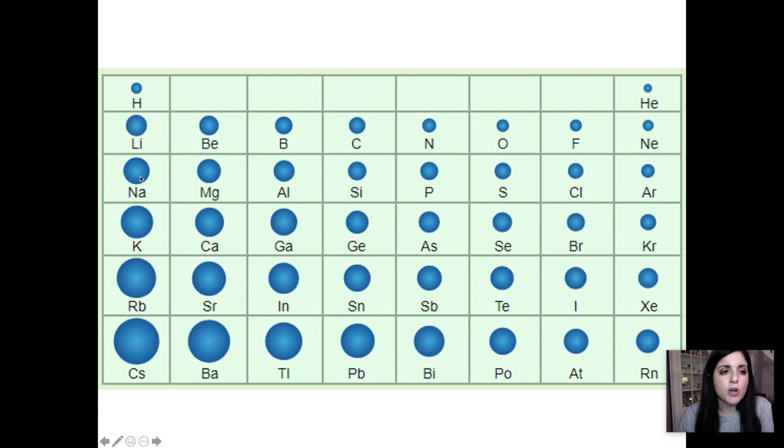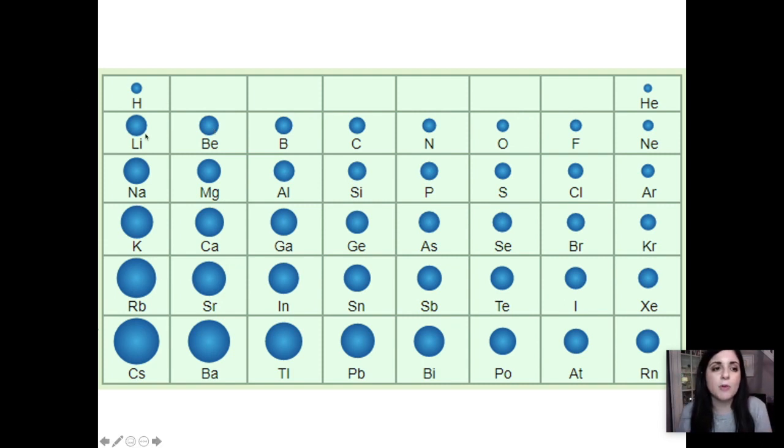As I go across a period, however, notice that the atoms are getting smaller. That's because you are increasing the number of protons in the nucleus, and when you increase the number of protons, the nucleus becomes stronger. Therefore, it pulls on that second shell much more tightly.